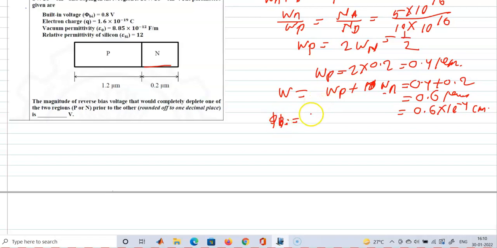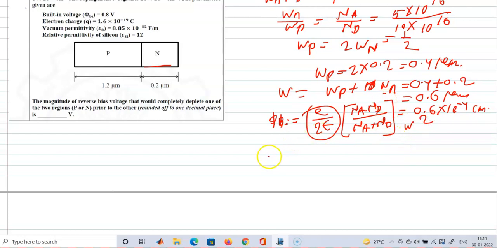I remember phi bi, and from it I can recalculate and rederive the other relations. So I know this: e upon 2 epsilon is the constant term for the potential. Then Na Nd upon Na plus Nd, times W squared.